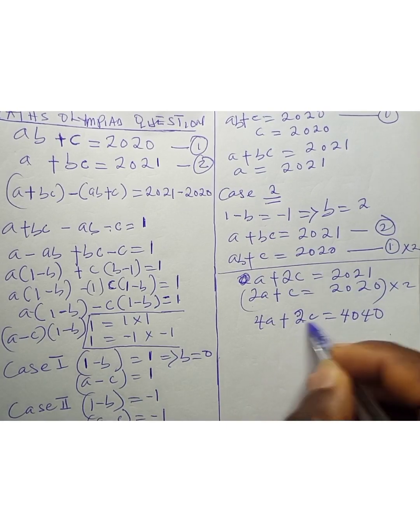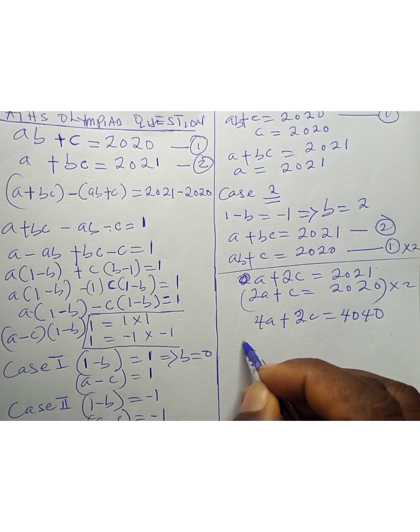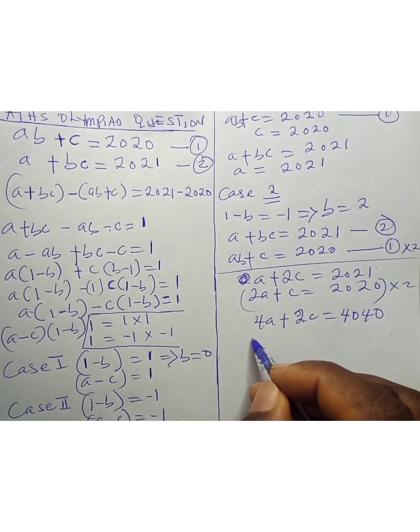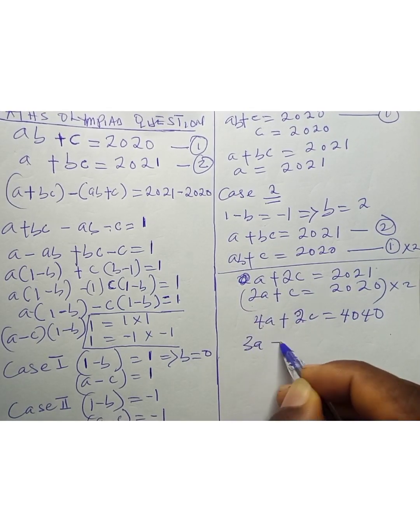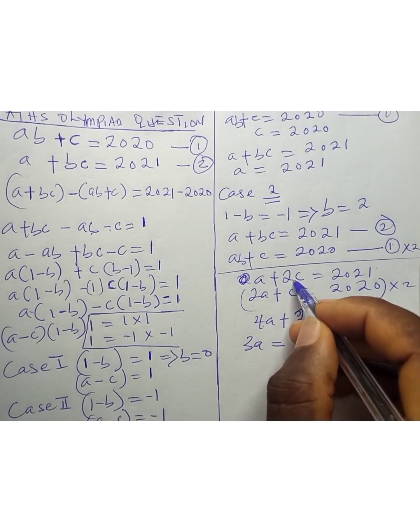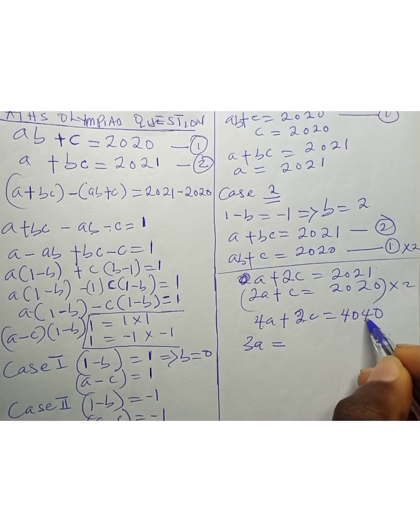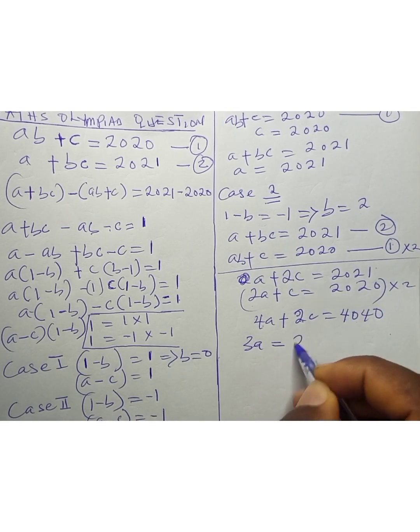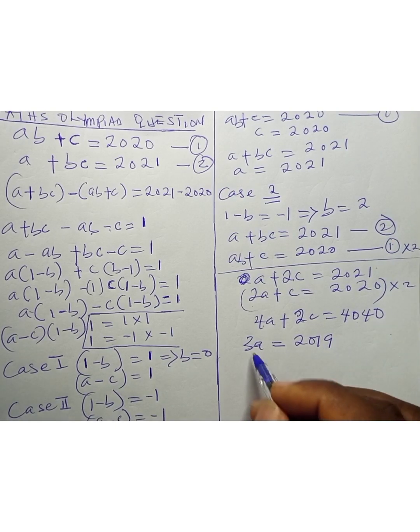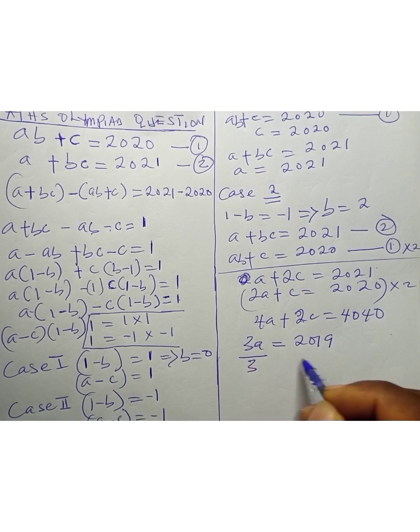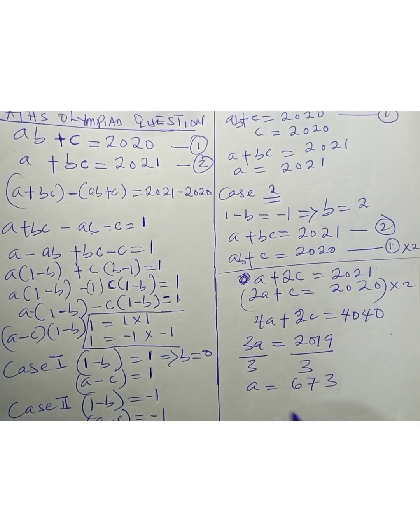We subtract the first from this: 4A minus A is 3A, equals 2C minus 2C is 0, then 4040 minus 2021 gives us 2019. If we divide by 3, it means that A is equal to 673.